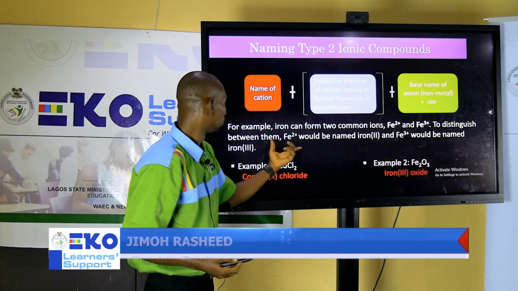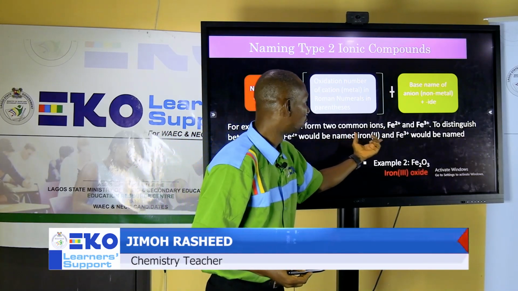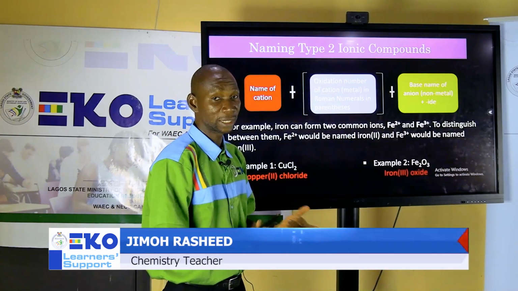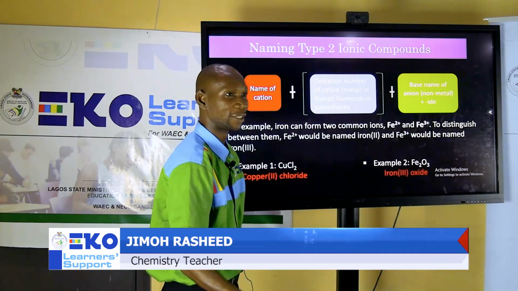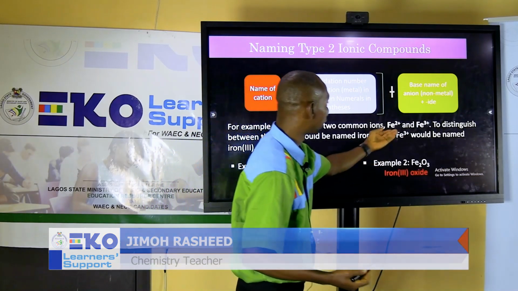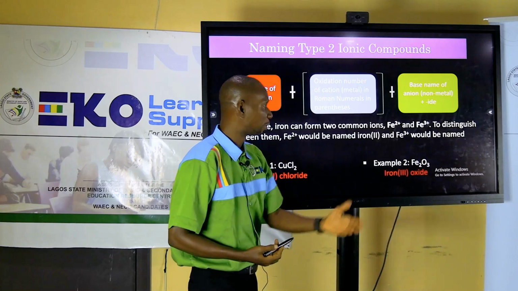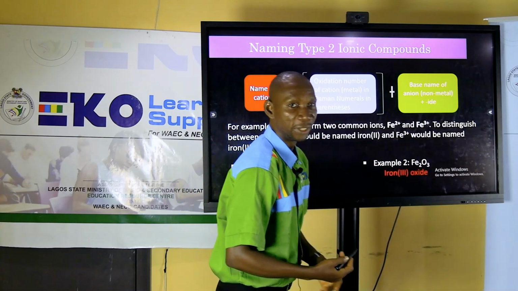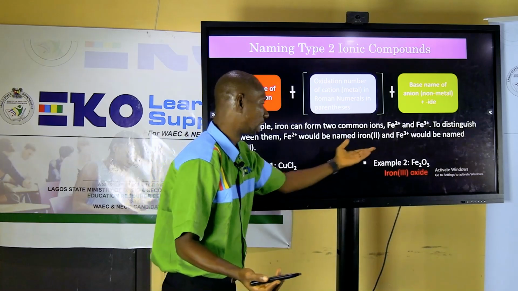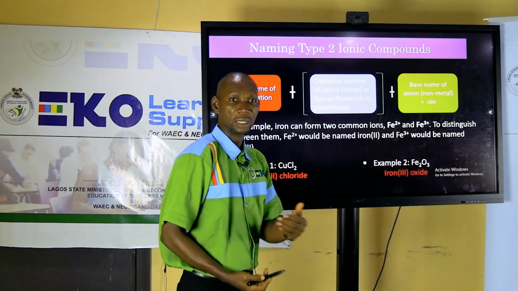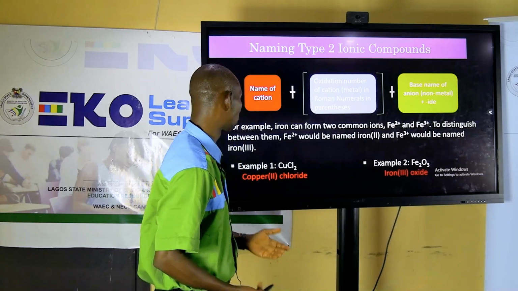So, for example, iron can form two common ions. Oh, that sounds like a rhyme. Iron can form two common ions. That's a good one. The first ion is Fe2+ and the second is Fe3+. Now, we need to be able to distinguish them. Which one is the chemist actually trying to communicate?